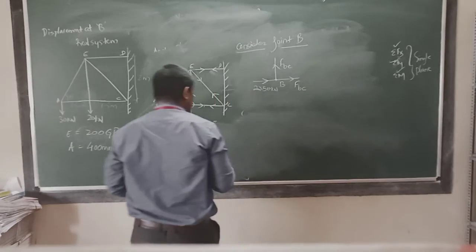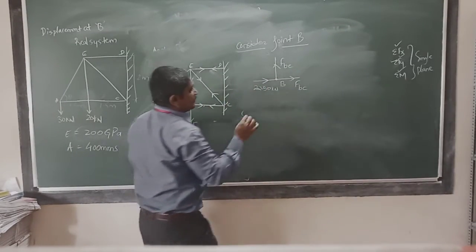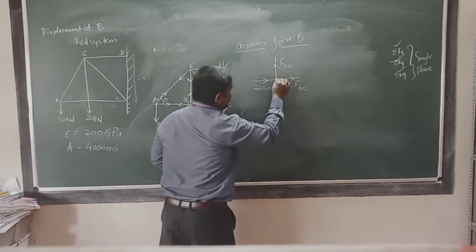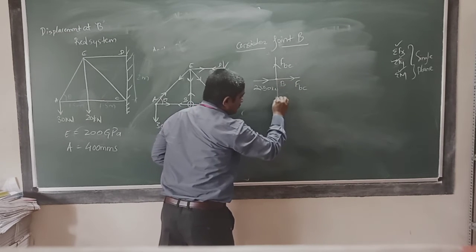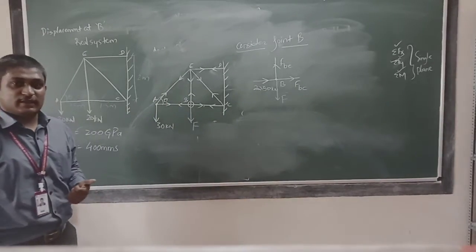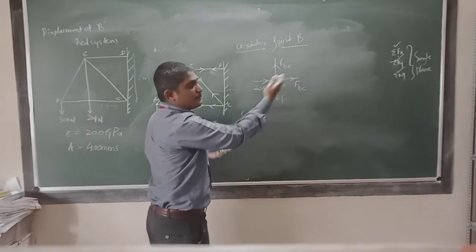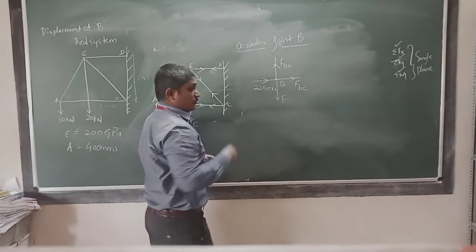Now, after taking which are the members which are connected with this, you go for. So at B, one more force which is connected, that is imaginary force, that is F here, which we have considered in this diagram. Okay. Now same thing, you apply your equations of equilibrium and calculate for the member forces. Okay.